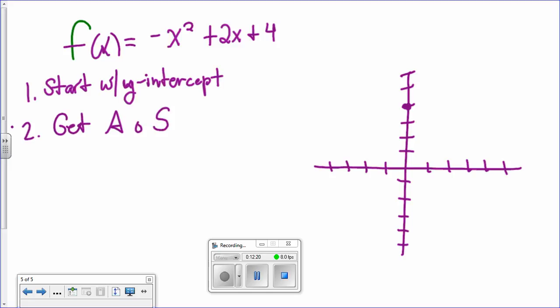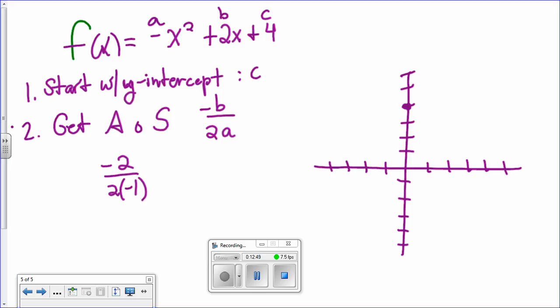Okay, AOS. And your axis of symmetry is at negative b over 2 times a. This is a, this is b, this is c. So we're going to have a negative 2 over 2 times negative 1.